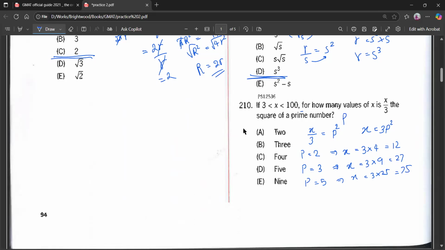What is that one? x value 12. x over 3. Yes. 100 can be. Yes.